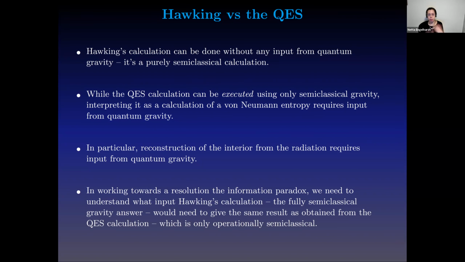In other words, how do we correct Hawking's calculation to get an answer which is unitary? What is missing from it? Now we have two calculations. We have one that actually gets the right answer, and we'd like to understand how to modify Hawking's calculation to obtain the quantum extremal surface answer.